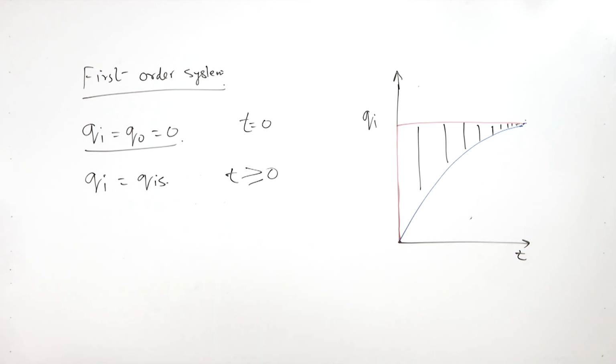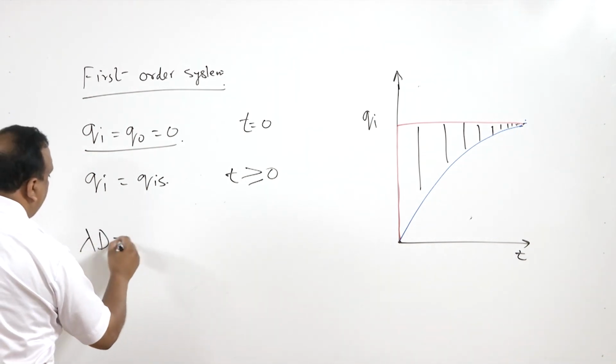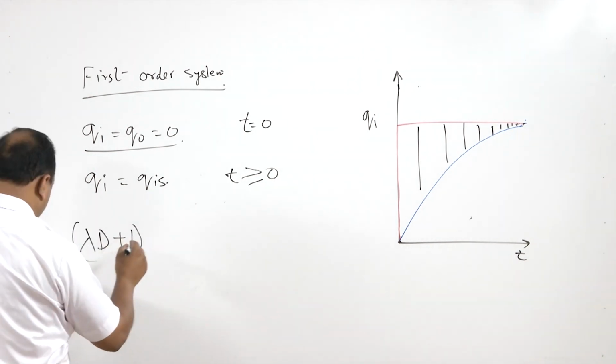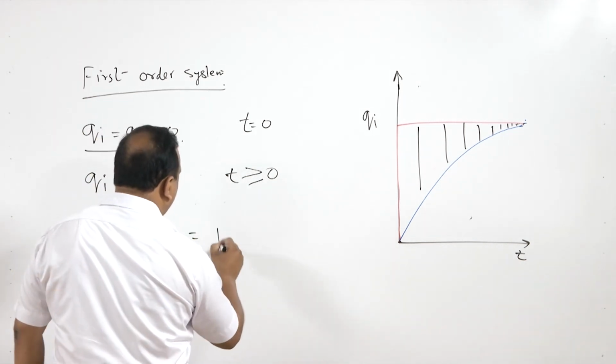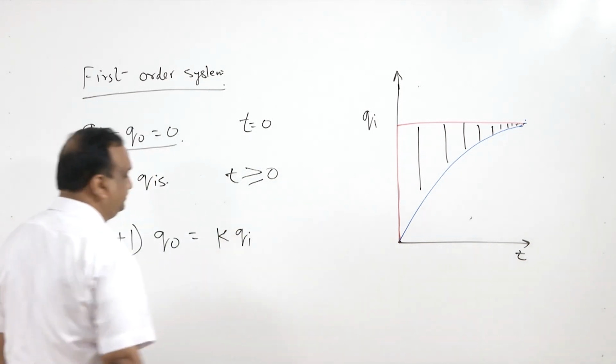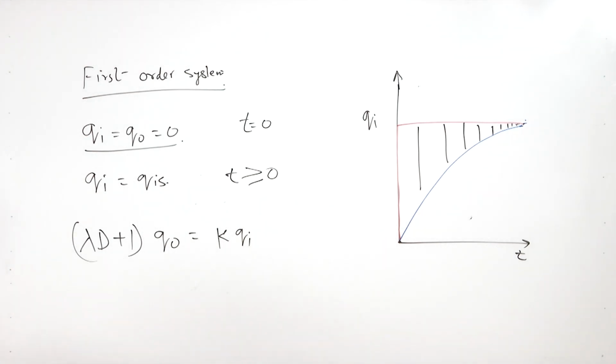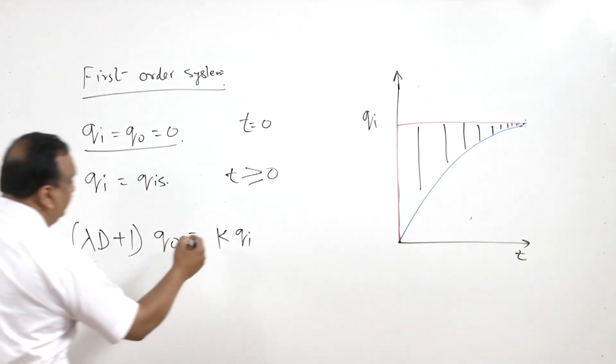Now, if you remember the first order equation, it is (lambda D plus 1) QO is equal to K QI. This is the first order generalized equation. Here K is sensitivity.